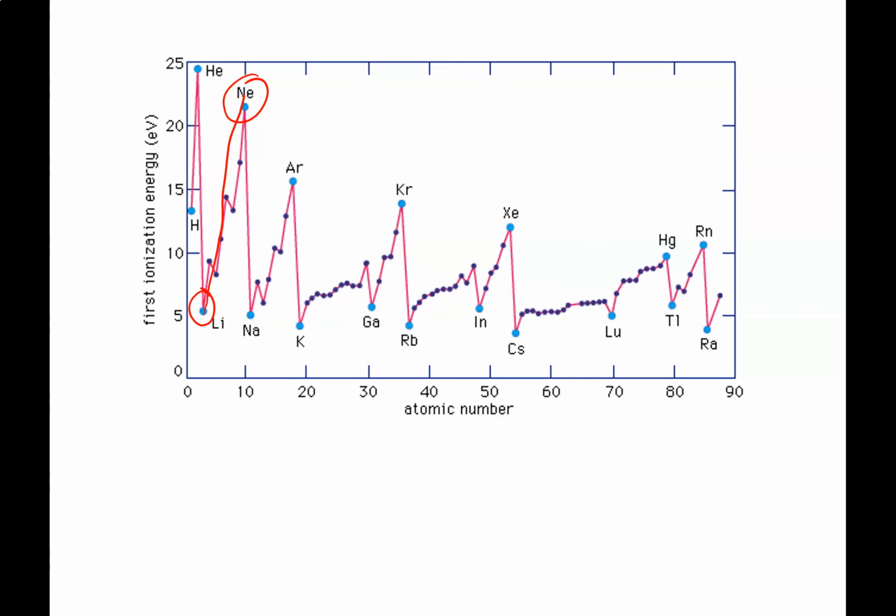Going across the third period, we see the same trend. If I look at going down a group, a good example would be heading down group 1A, so lithium, sodium, potassium, rubidium, cesium, you can see that IE1 is decreasing as we go down a group. So decreasing as we go down a group and increasing as we go across a period. That all makes sense.